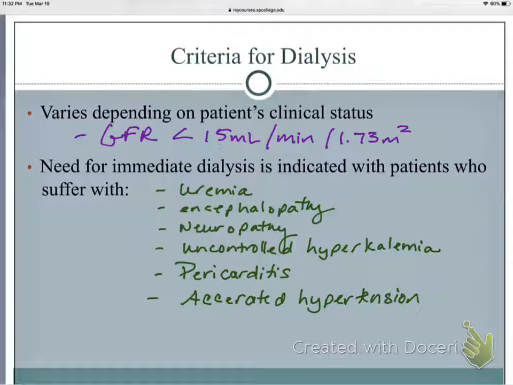If they're having, for example, severe complications such as uremia, encephalopathy, neuropathy, uncontrolled hyperkalemia, pericarditis, accelerated hypertension, they're likely going to begin dialysis. Okay? And these are more of an immediate need. So if their GFR isn't exactly 15, but they're presenting with all or some of these symptoms, they may go forward and start dialysis.